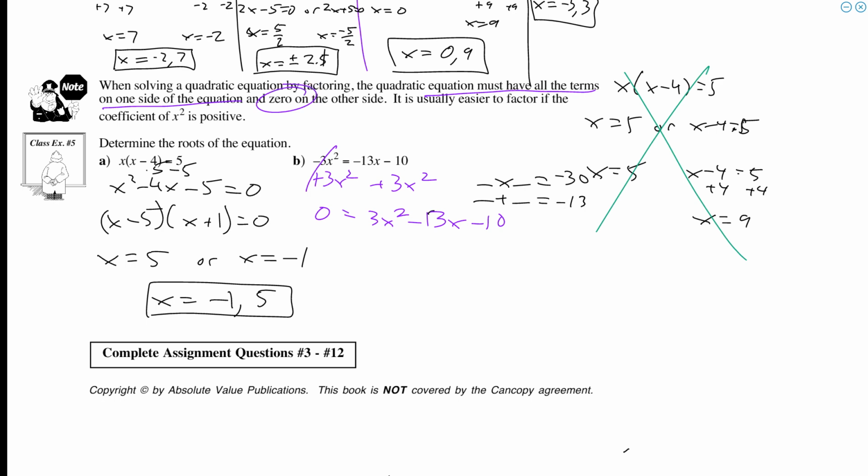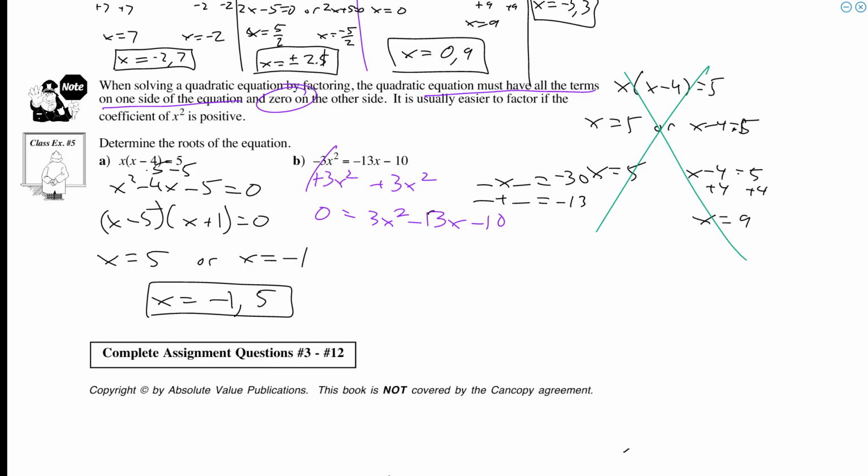Good try, but negative 10 times negative 3 is positive 30. So I think 15 and 2 works, right? We're really asking what's the difference of 13 here, because one of them has to be positive, one has to be negative. I, of course, also thought 10 and 3 first, but no, that 10 and 3 would give us a positive 30.